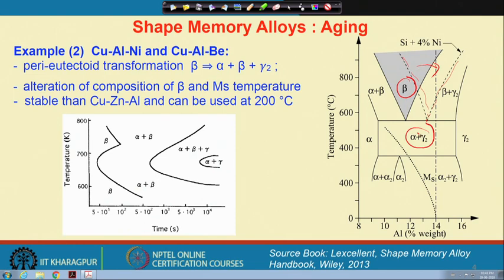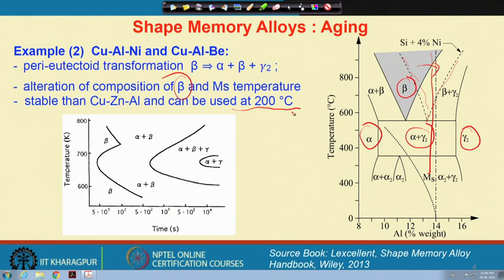So, if we allow the martensite phase little diffusion of the atoms, then this martensite will finally transform into the thermodynamically stable product, because these gamma 2 and alpha are the thermodynamically stable products. Let us say I have chosen such a composition. So, definitely due to this peri-eutectoid transformation, it will decompose, and if such decomposition occurs, then immediately there will be a change in the composition of the martensite and the MS temperature will also change.